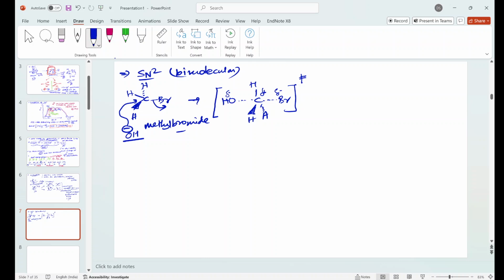At the same time, bromine is going to leave and OH is coming from the backside, so that you will have the inversion of configuration. Okay. So what is the energy profile? This is very important.